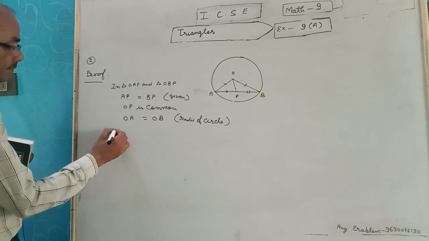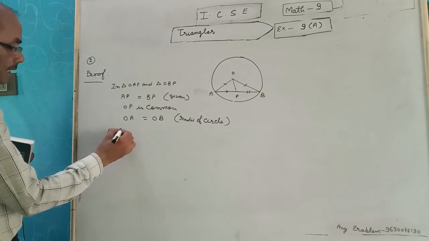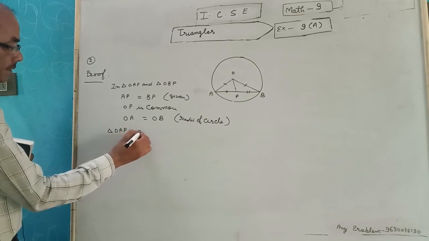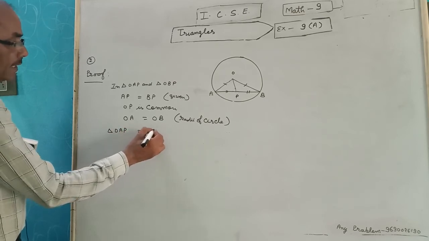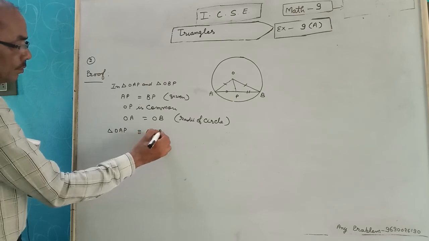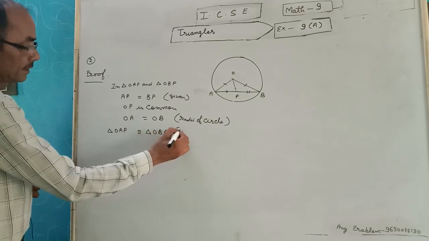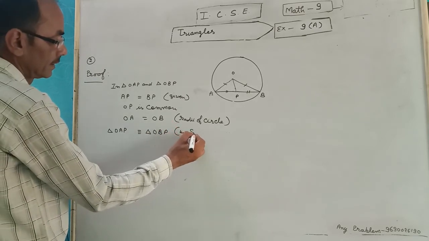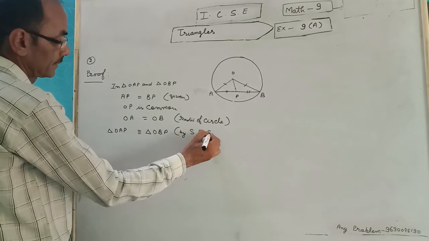Triangle OAP congruent triangle OBP by triple S.